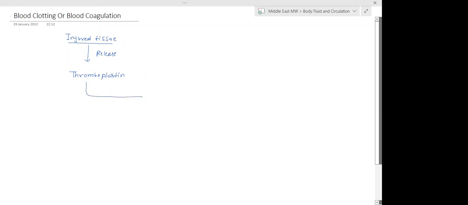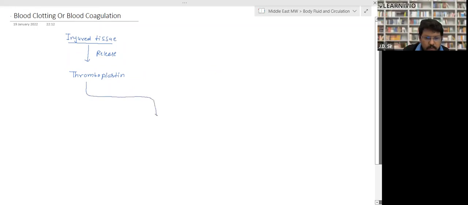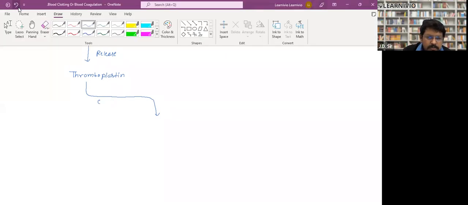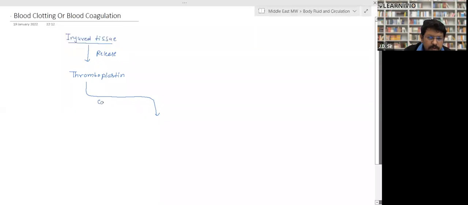Thromboplastin, in the presence of calcium and some protein, will form an enzyme called prothrombinase.